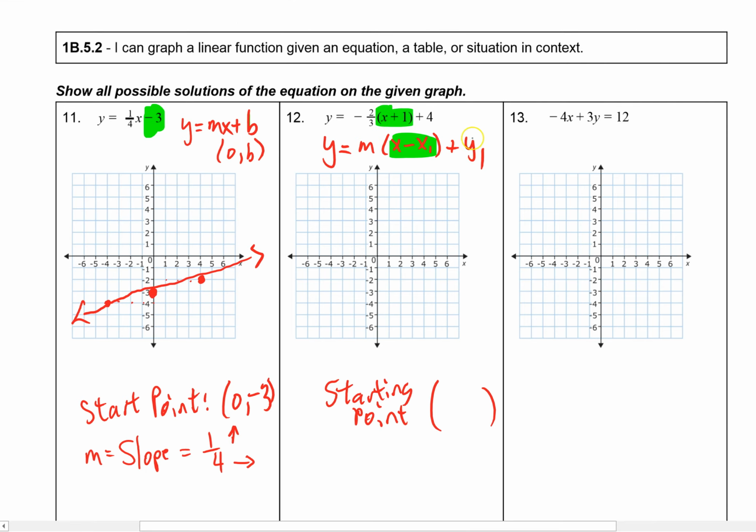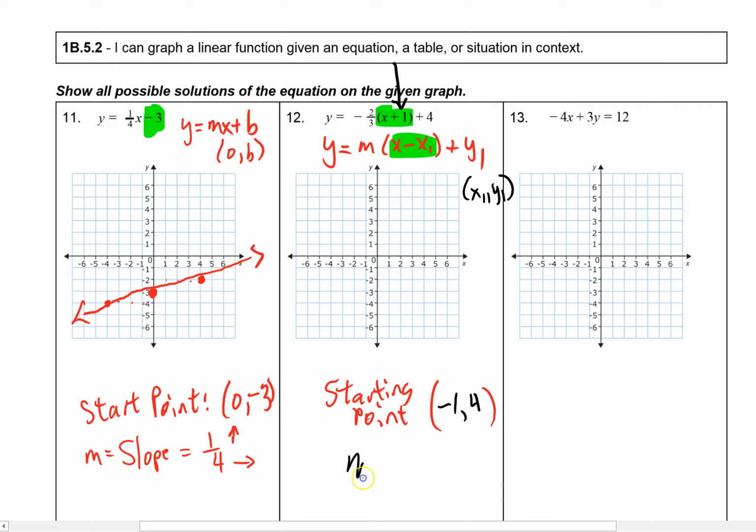Here's what I'm getting at. Look, you'd have a starting point of x1 comma y1, but look at your parentheses. That x1 has a minus in front of it. Look right here at this positive 1. It actually means that our starting point is at a negative 1. The y value, you don't change the sign. It's just going to be a negative 1 comma 4.